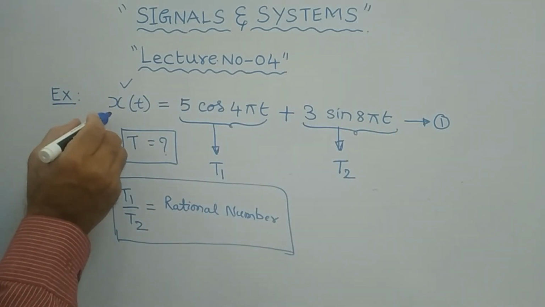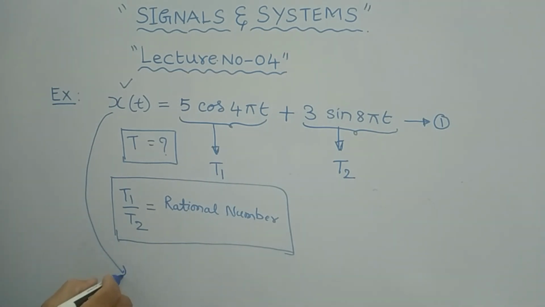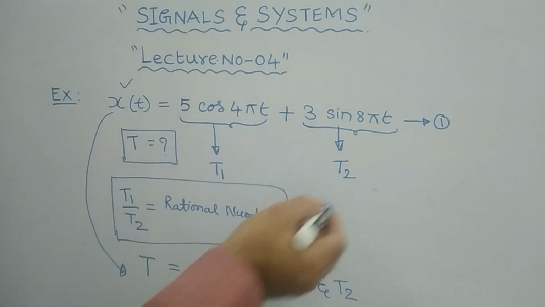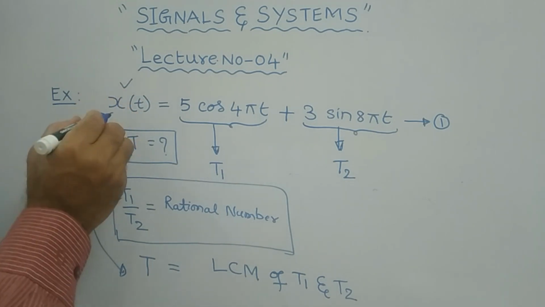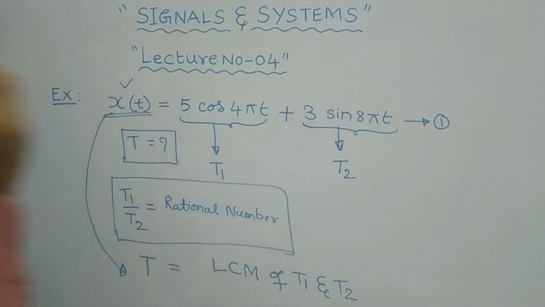The fundamental time period of x of t is nothing but T, and that can be given as: you must take the LCM, least common multiple, of t1 and t2. That least common multiple of t1 and t2 gives the time period of x of t. Clear? Understood? So remember that always.